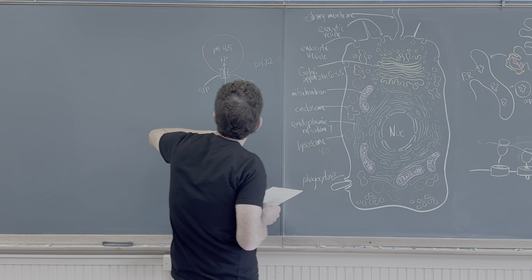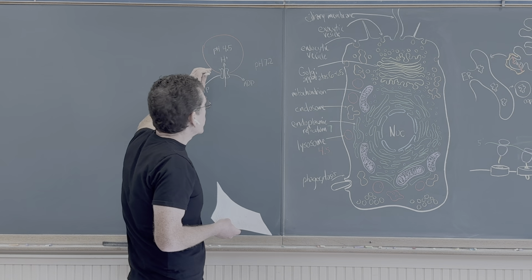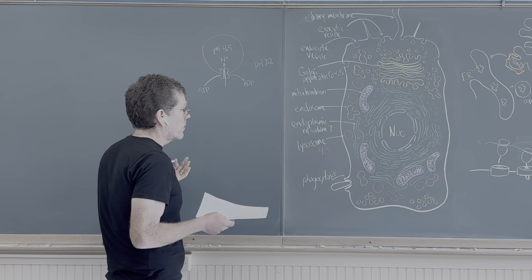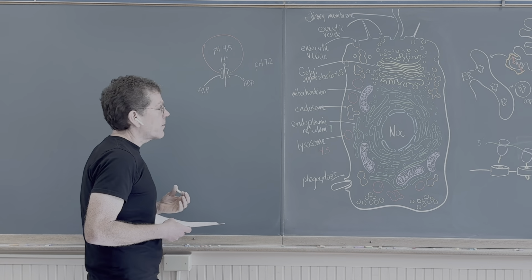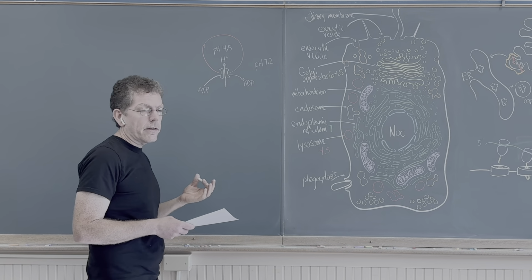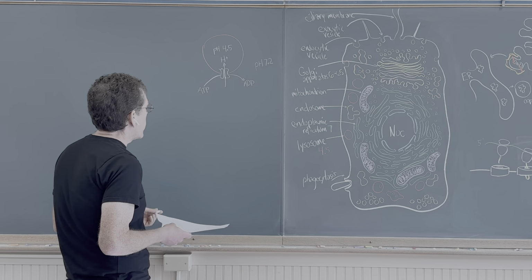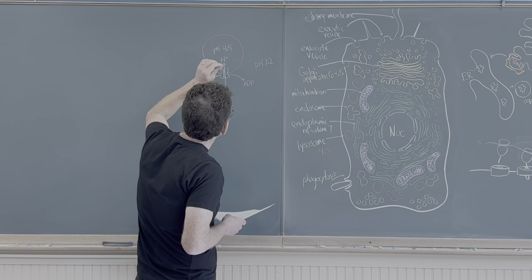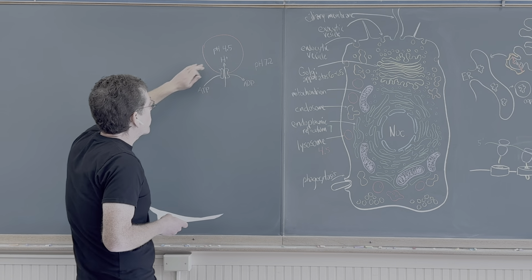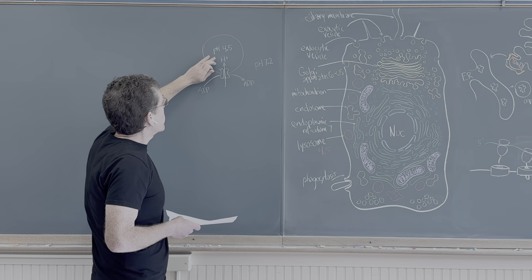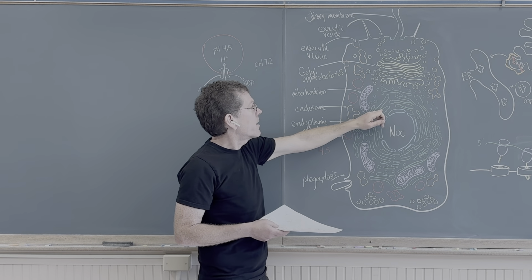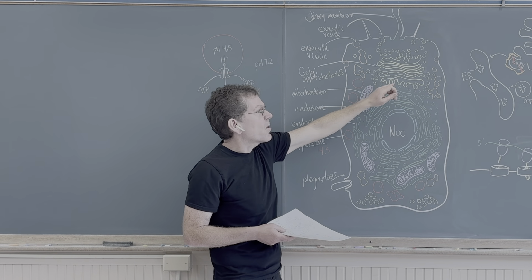Well, in order for lysosomes to work as the repositories of enzymes that degrade cellular constituents, or anything that cells might take up through phagocytosis or endocytosis, there have to be enzymes in there. Those enzymes are potentially very dangerous. You make those enzymes in the endoplasmic reticulum and the Golgi apparatus.